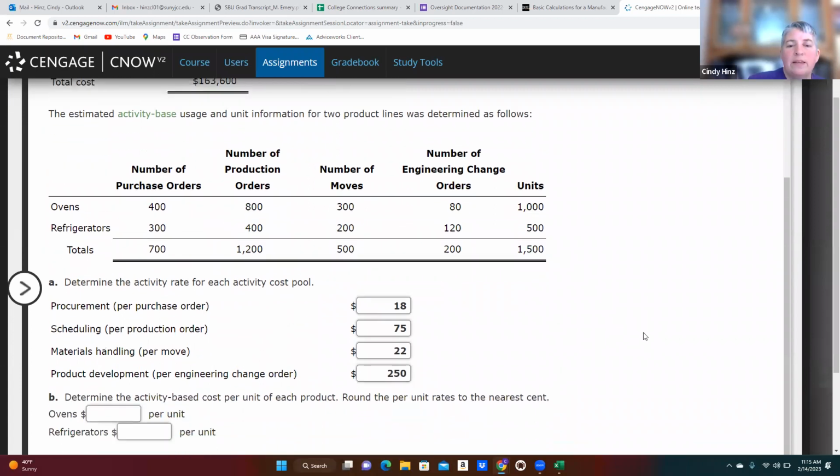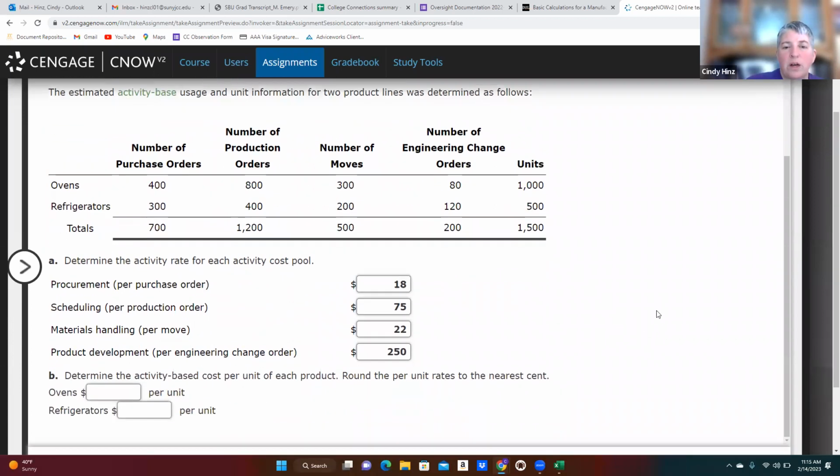So once we have the activity rates for each activity, we can assign or allocate that out to each one of the products. So let me get my annotate function up here. I'll put my calculations here on the screen, and we'll start with ovens. For ovens, they have 400 purchase orders at a cost of $18 per purchase order.